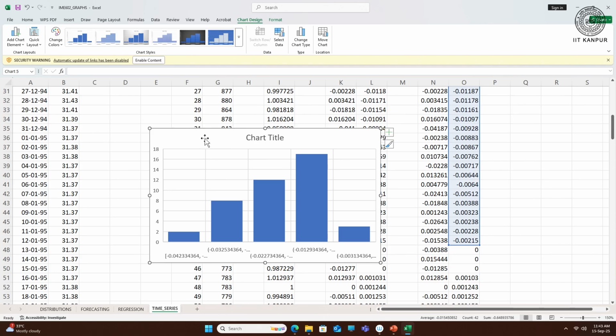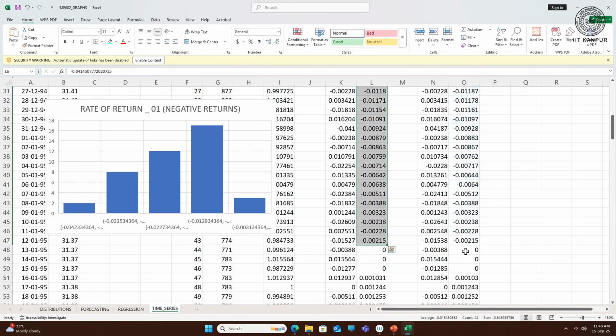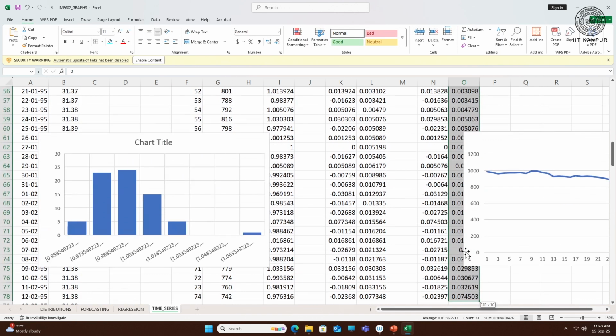But what is interesting is this. I have the negative return graph, rate of return 1, negative returns. Now, I plot the positive returns.